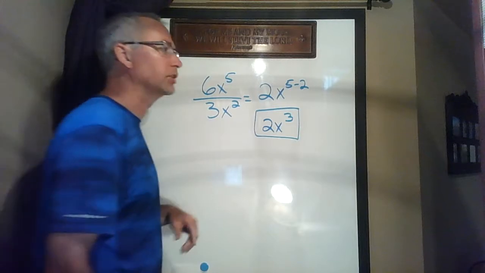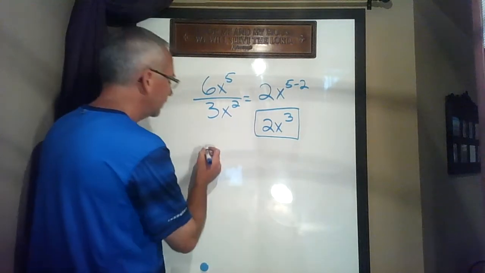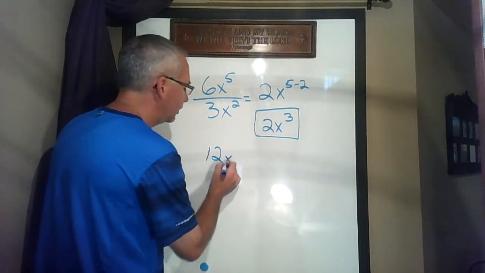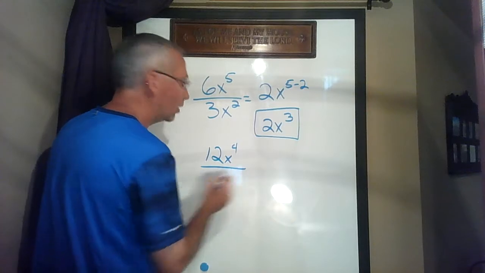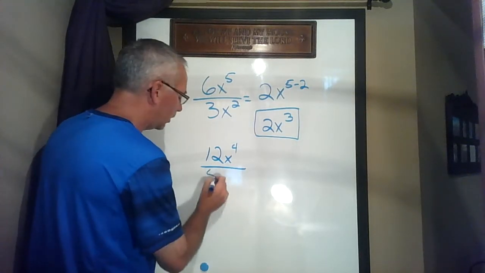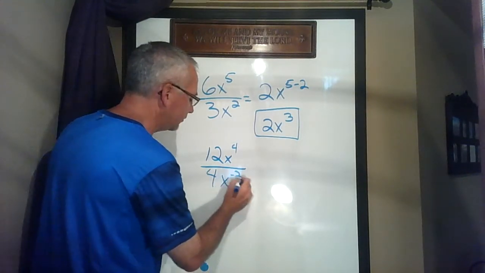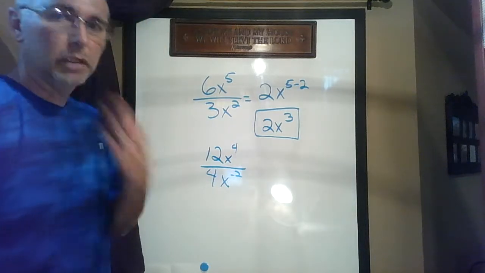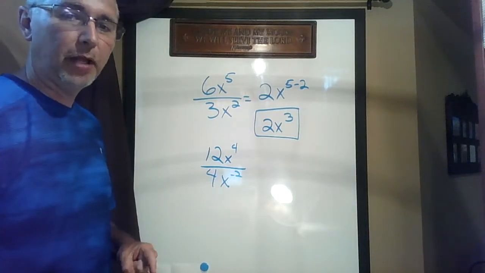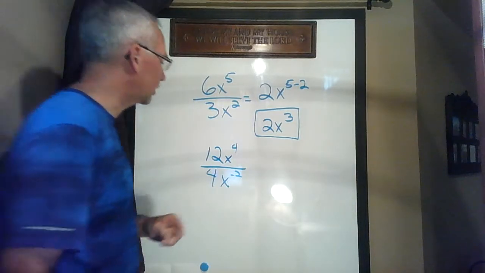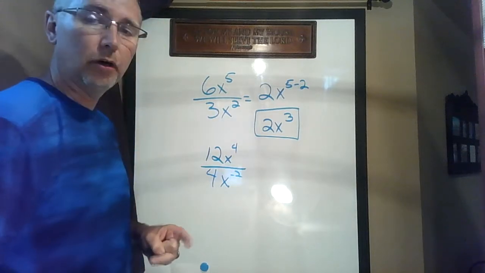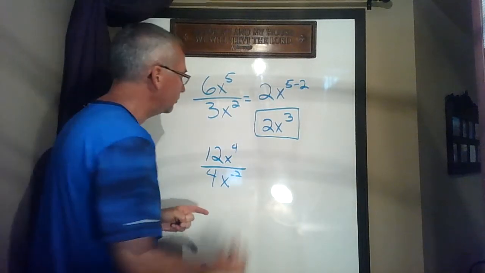And there's my final answer for this division problem. Let's try one more to challenge ourselves a little bit. Let's say that we have 12x to the 4th over 4x to the negative 2. Integer rules are coming into play, so hopefully you're comfortable and confident in your solving of integer problems.